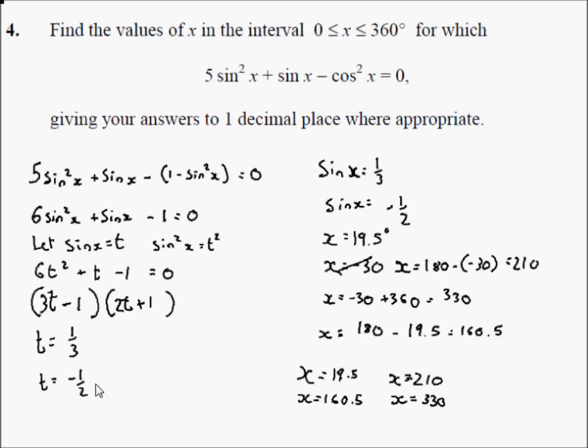And then you just change it back using what you've written here. t equals sin x, so sin x equals a third, that's t equals a third. And then it's just a simple sine inverse it, plus 180 minus answer, plus or minus 360.